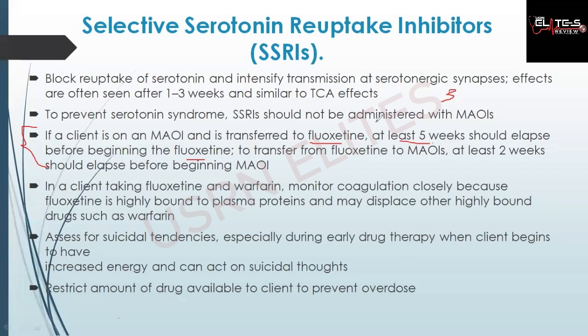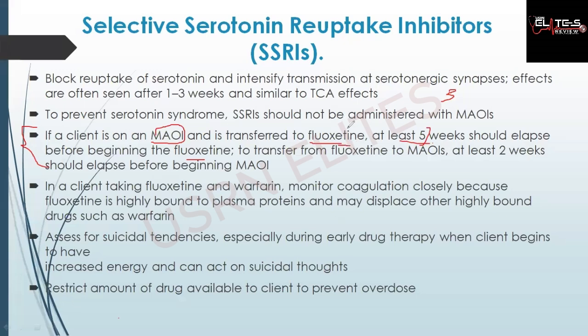So you have to let the medication wear off before you start an SSRI, especially fluoxetine. It will take approximately 5 weeks for the monoamine oxidase inhibitors to leave the body completely before you can start fluoxetine. Otherwise, you will have serotonin syndrome.